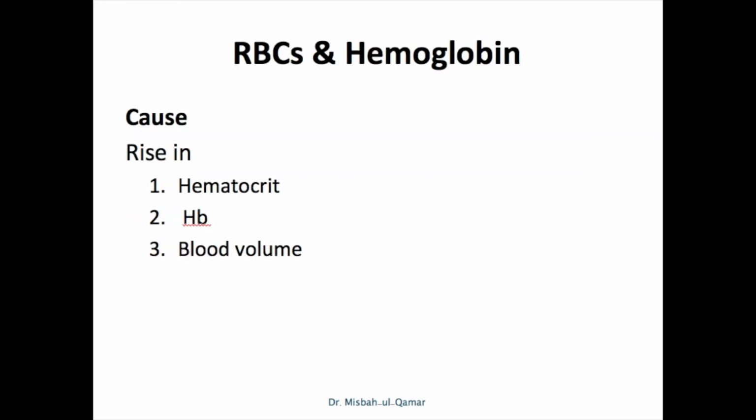Since we are discussing the changes taking place in acclimatization, there is an increase in RBC and hemoglobin. The cause for the increase in red blood cells and hemoglobin during acclimatization is again hypoxia. When a person remains exposed to low oxygen for weeks at a time, his hematocrit rises slowly to 60.